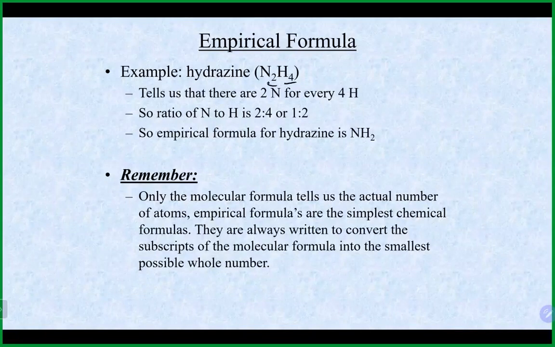The empirical formula is that simplest chemical formula. They're always written to convert the subscripts of the molecular formula into the smallest whole numbers. A lot of times in the lab, if you're doing an experiment, it is easy to figure out the empirical formula by simply taking differences in mass, and you can calculate the empirical formula pretty easily in the lab.